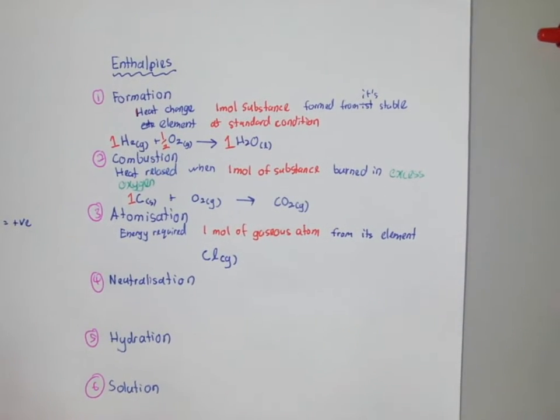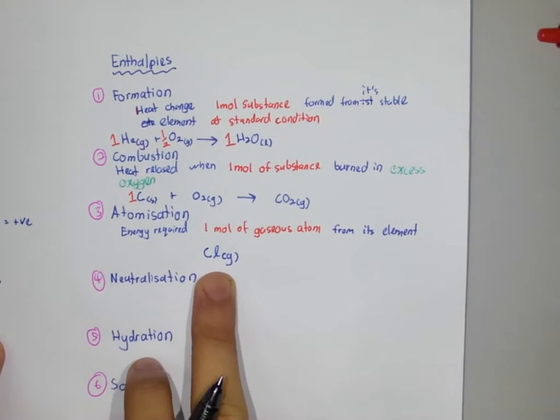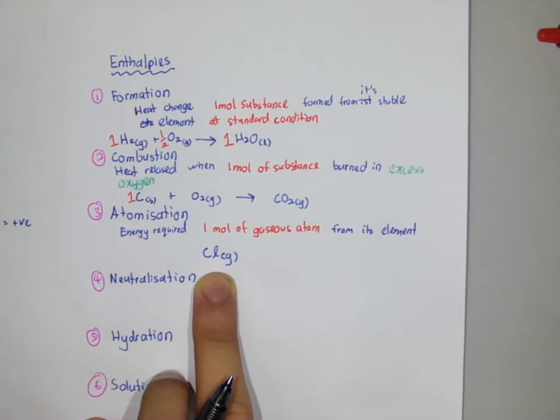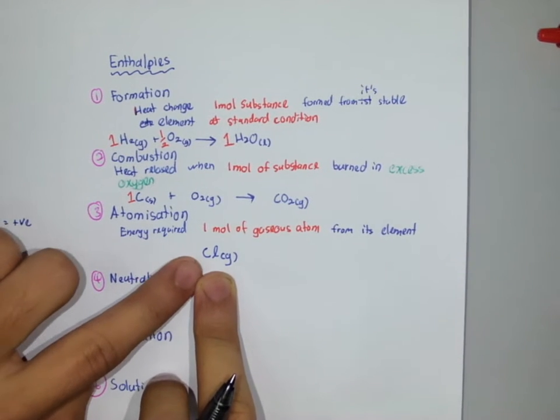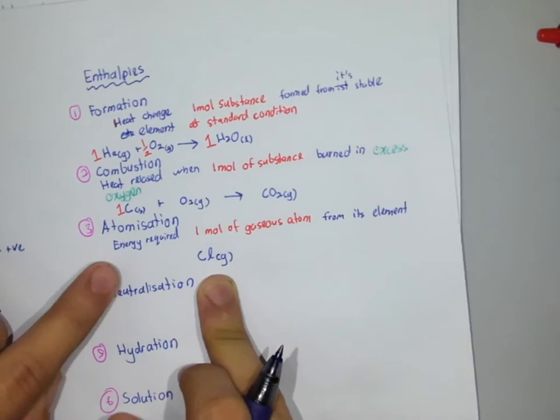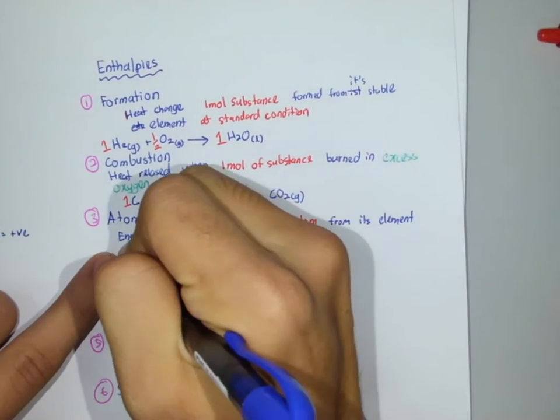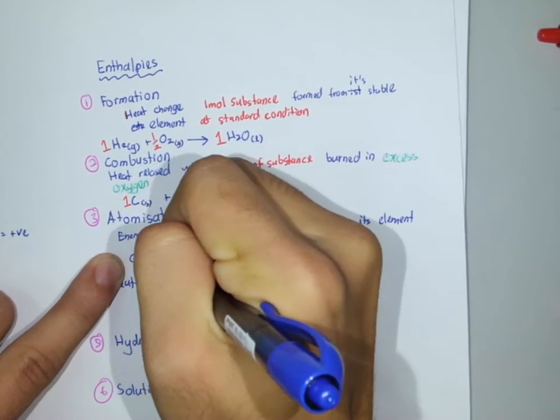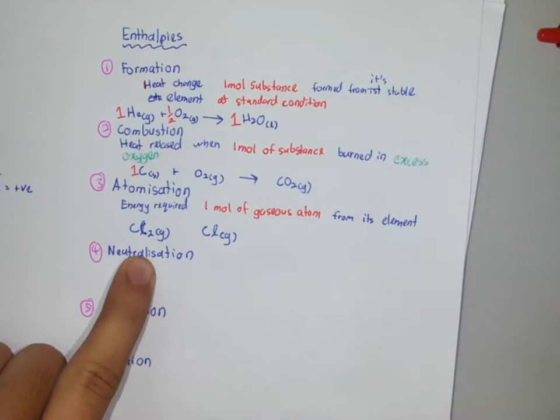So for atomization, at the end of the atomization, the product should not be dual atoms or molecules. It has to be 1 atom only. Because remember, chlorine gas, group 17, they are stable as Cl2.